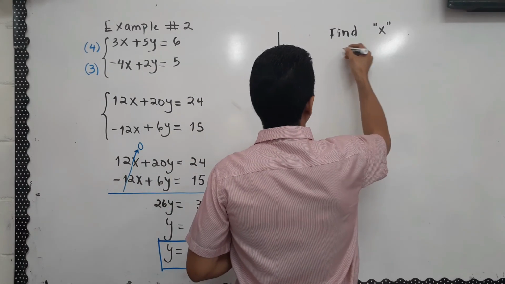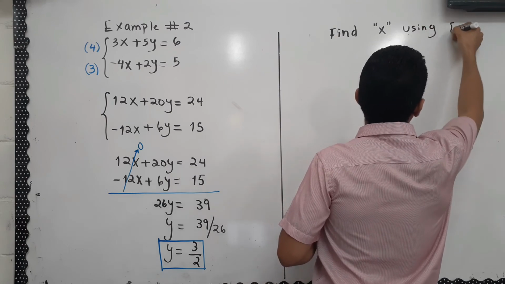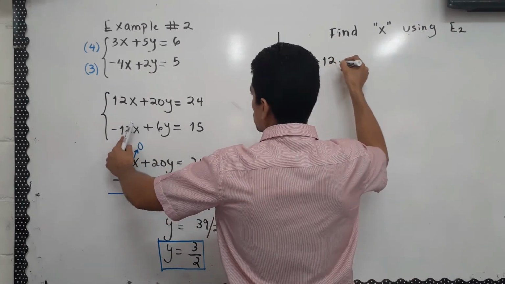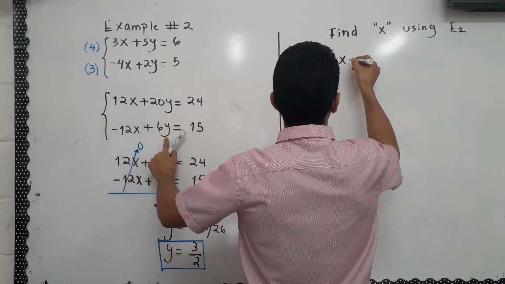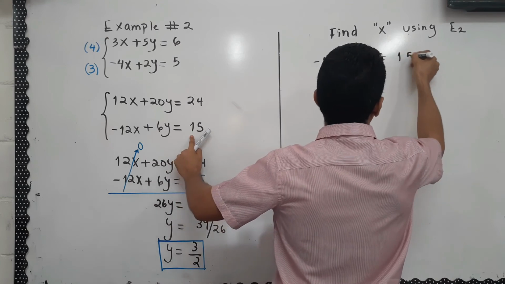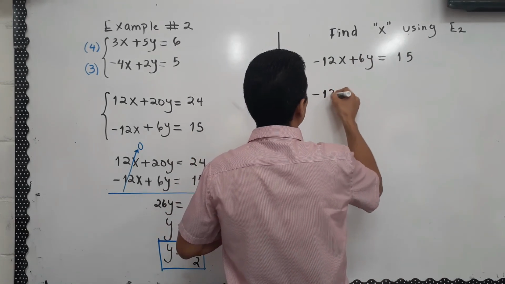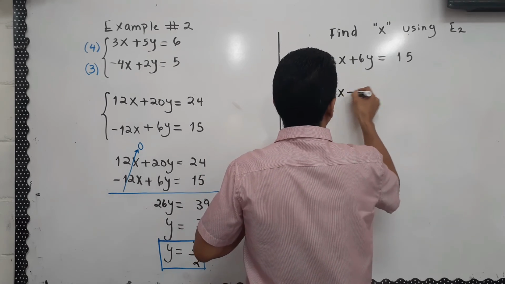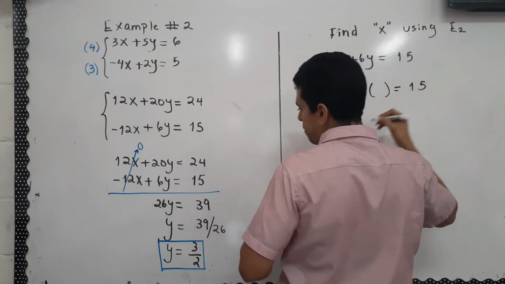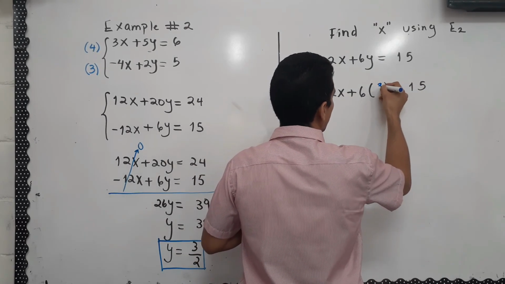So, using equation 2, which is negative 12x, I'm going to copy it, plus 6y equal to 15. So, you're going to replace negative 12x plus 6. How much is y? You already found it here, it's 3/2. Okay, 3/2.